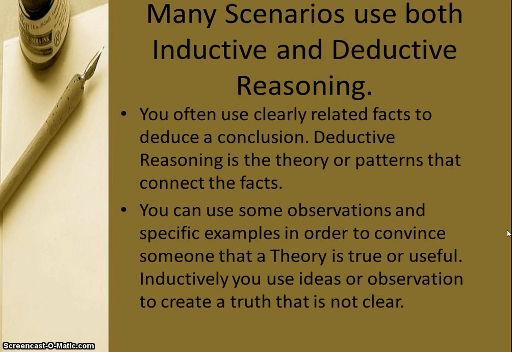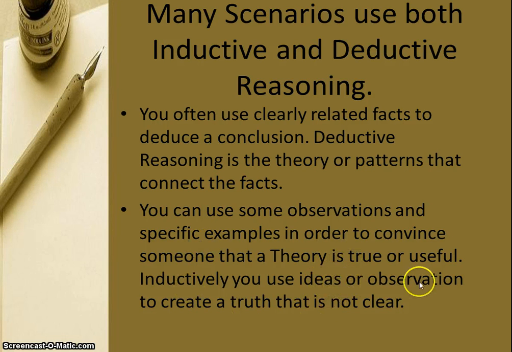So there's lots of scenarios that you might use deductive and inductive reasoning, right? You often use clearly related facts to deduce a conclusion. This is clearly deductive reasoning. You're connecting facts. You might use observations or some specific examples to convince someone that a theory is true or useful.